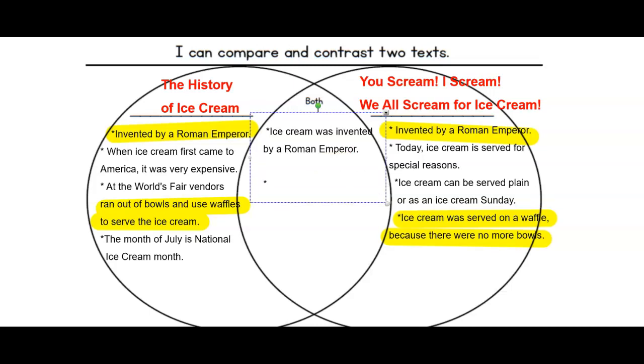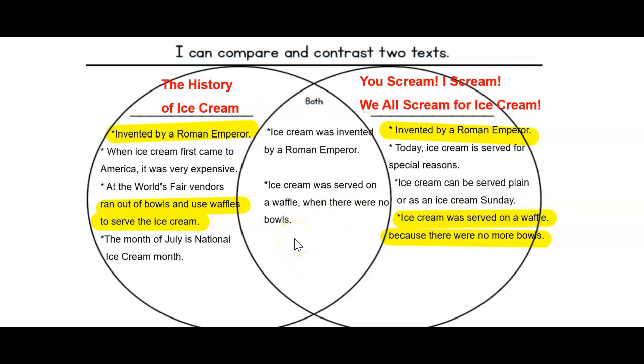And ice cream was served on a waffle when there were no bowls.